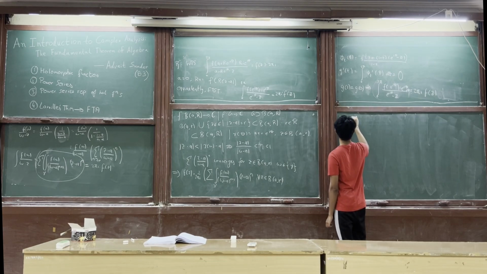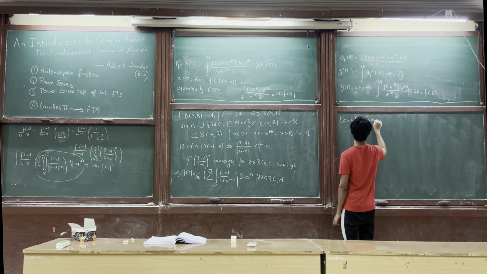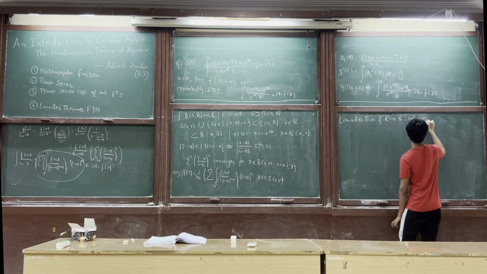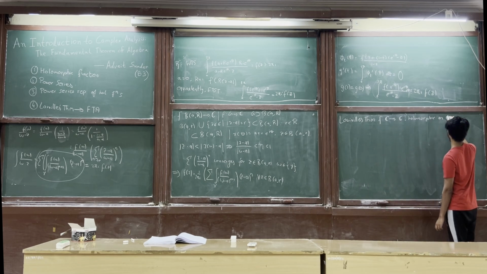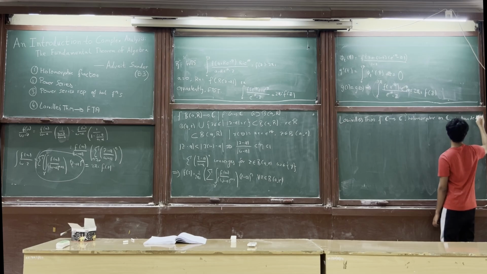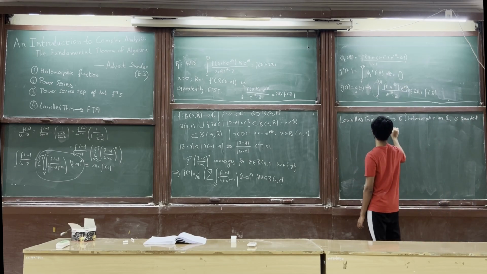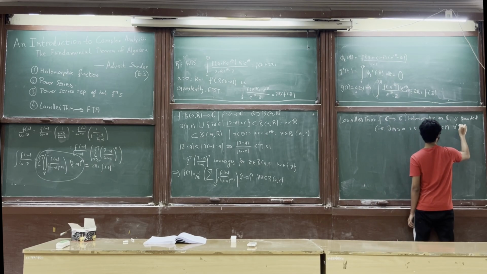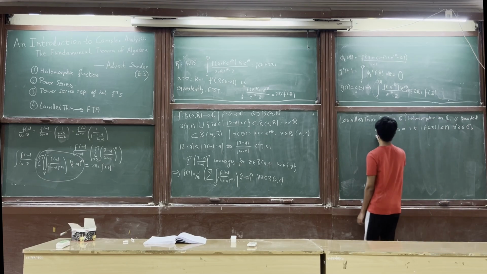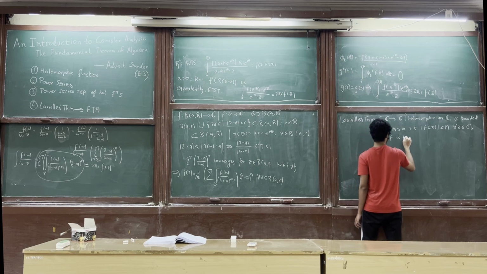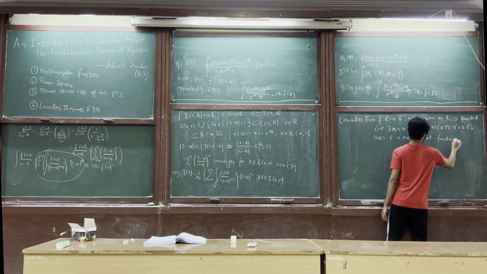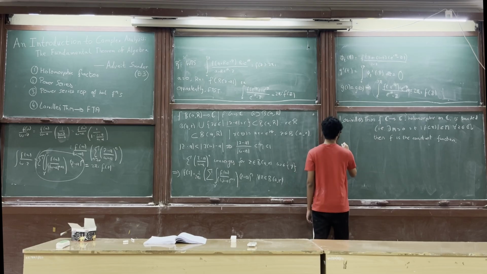So this theorem: if f from C to C is holomorphic on C and bounded, that is, there is some positive number M such that |f(z)| is at most M for all z, then f is the constant function. Okay, how do we prove this?